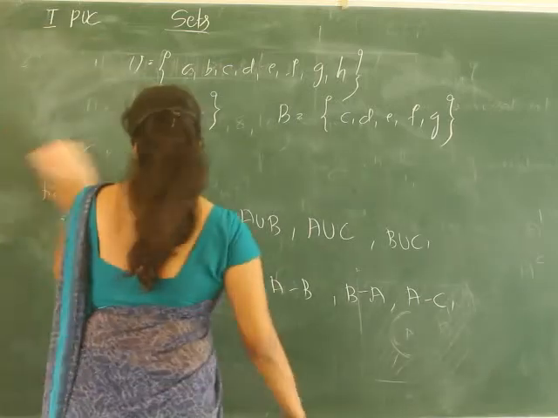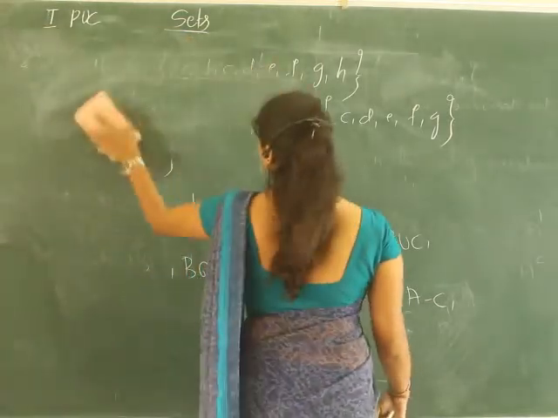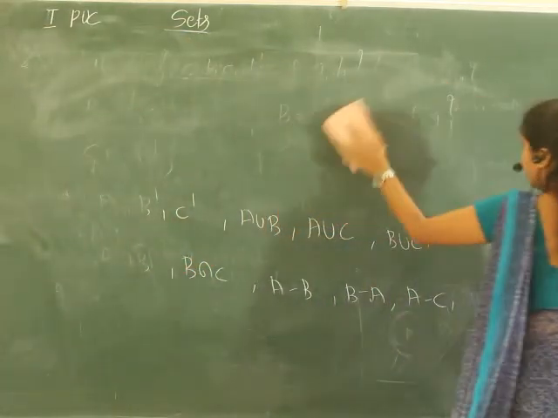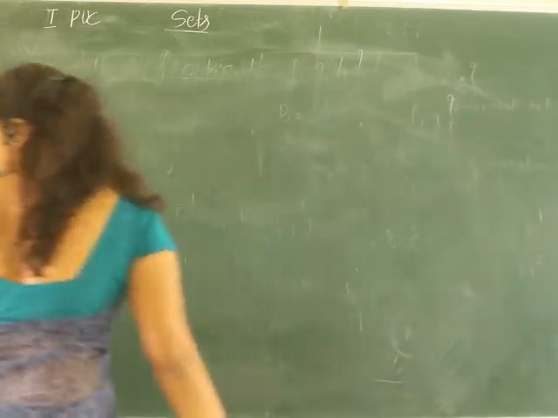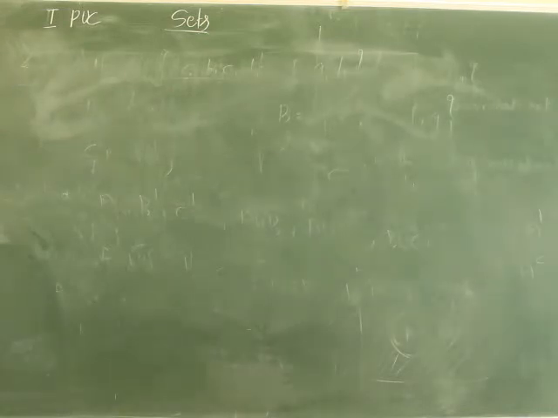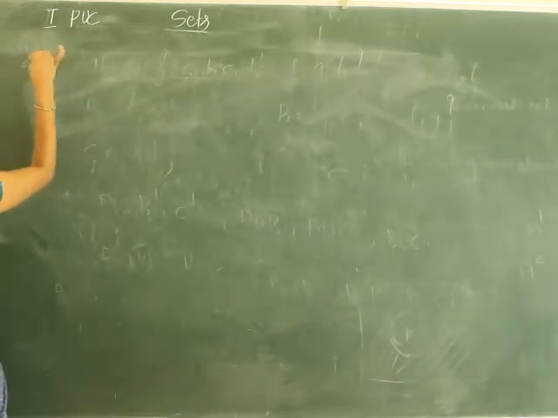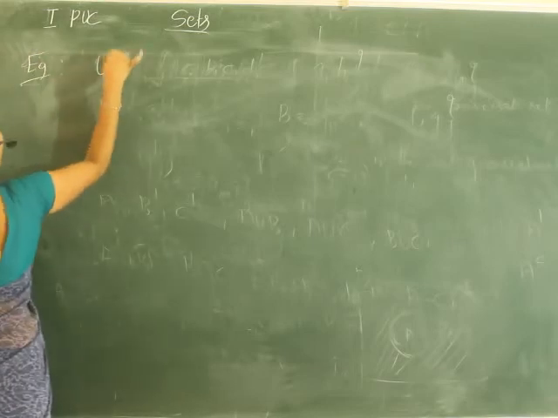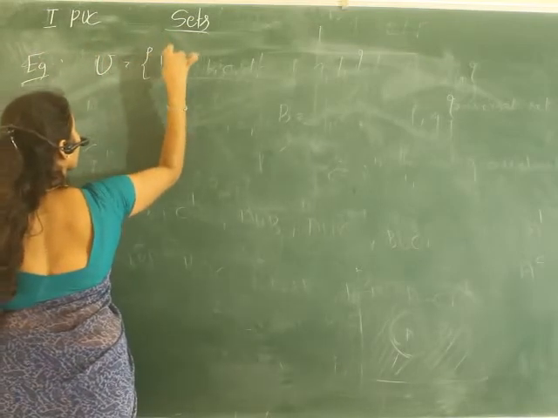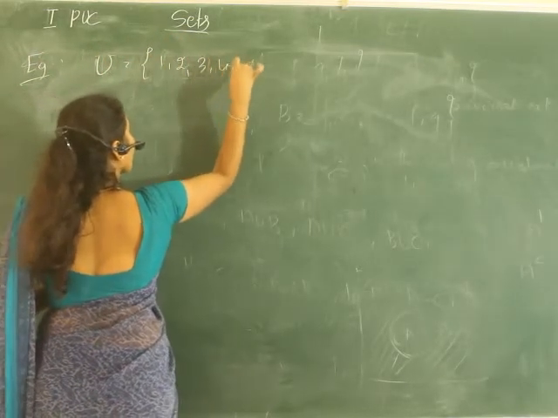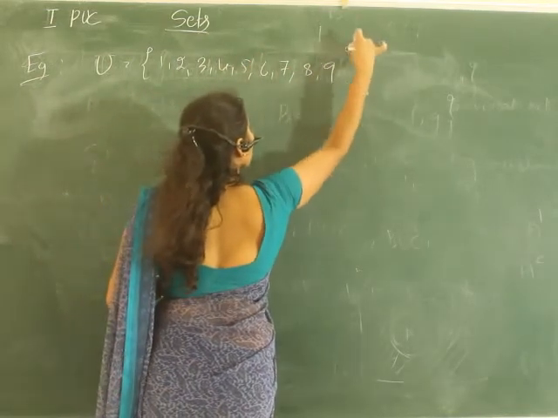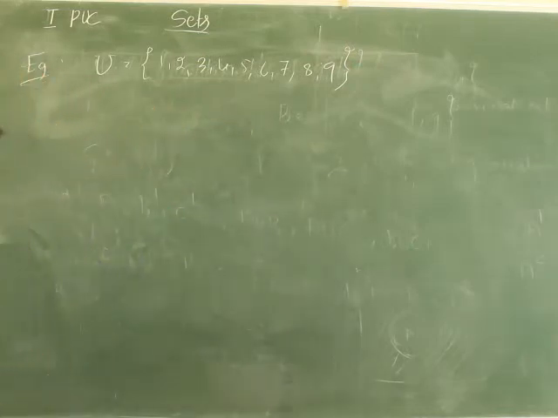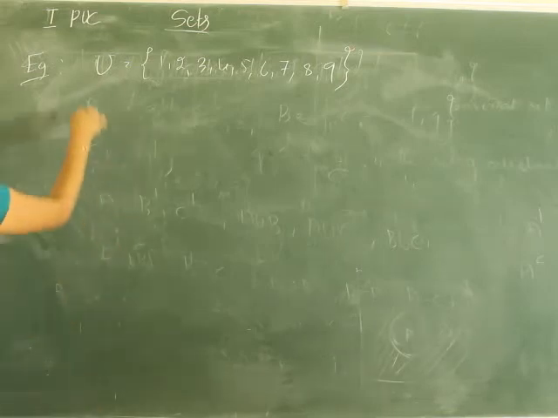Next I'll go for one more example. U is equal to the given set 1, 2, 3, 4 up to 9. A is 1, 2, 3.